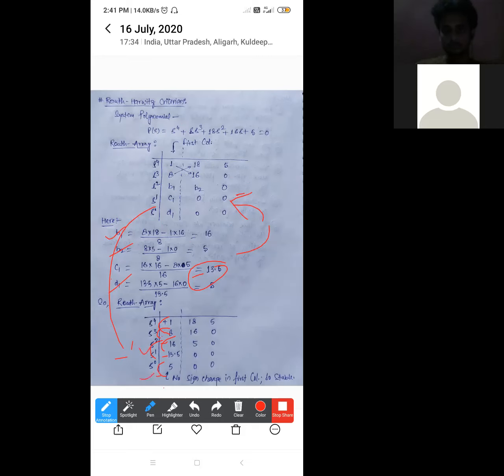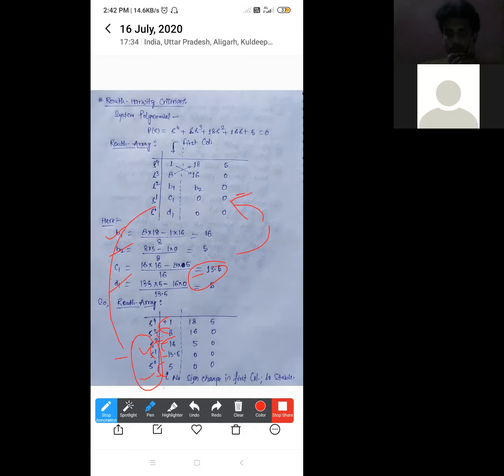So there are two sign changes if C1 is minus 13.5. In that case, two poles must be lying on the right half of the plane and the system will be unstable.